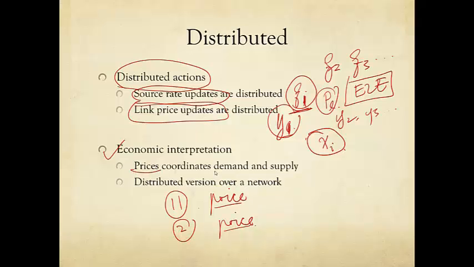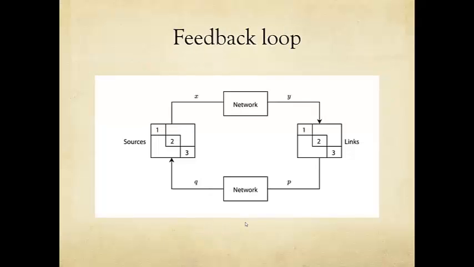Prices again coordinate demand and supply on a very fast time scale, around the round-trip time scale, and in this case distributedly over a network. We're looking at a more complicated version than the simpler ones before. Now we have to run it over a network, and the good news is that it can be done distributively.